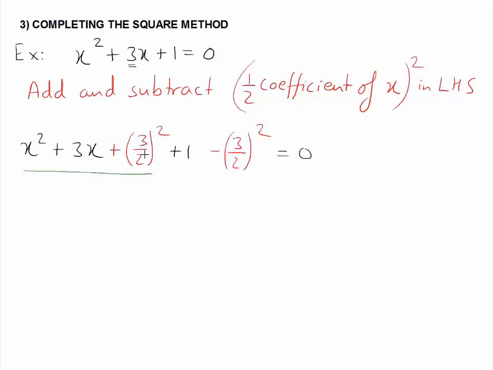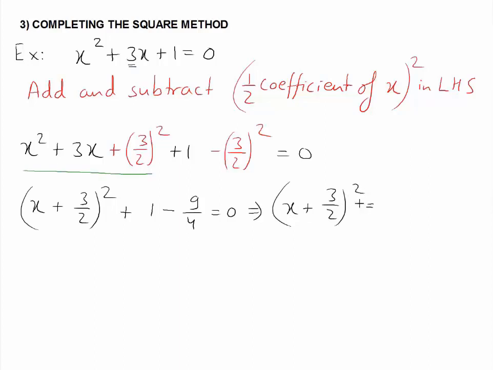Now this whole thing is a perfect square, so we can write it as x plus 3 by 2 the whole square plus 1 minus 9 by 4 equals 0. So this implies x plus 3 by 2 the whole square equals, upon simplification, 5 by 4.